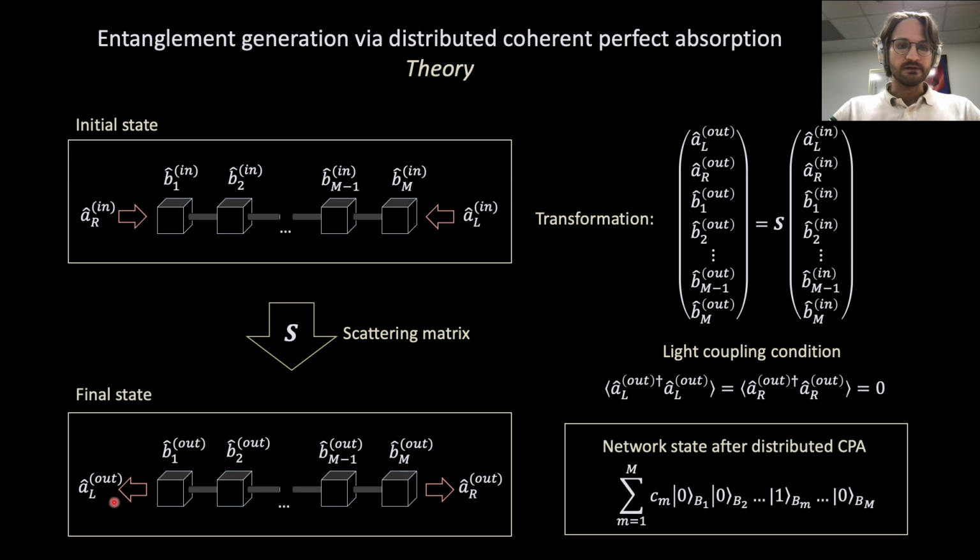Similarly, we have the output state of the system, and these two are linked through the scattering matrix S. So we write down this transformation in matrix form, and we require that all the outgoing light is cancelled, both from the left side of the system and from the right side. And we show that the resulting state of the network is indeed an entangled state, and this is the state which I showed you on the very first slides of this presentation.